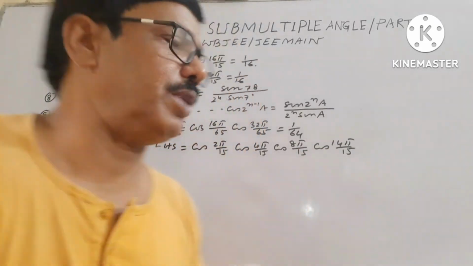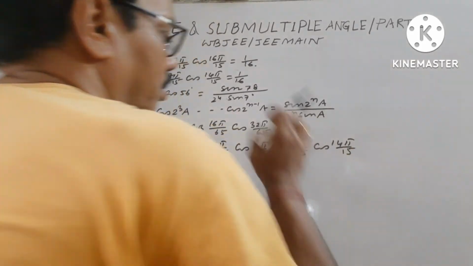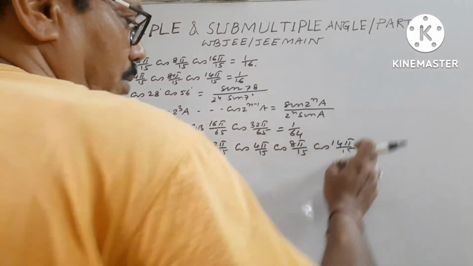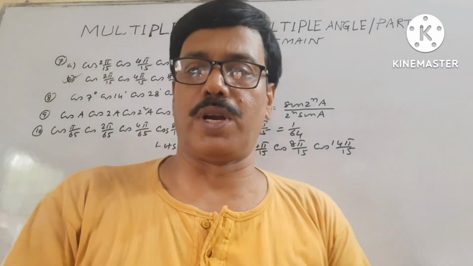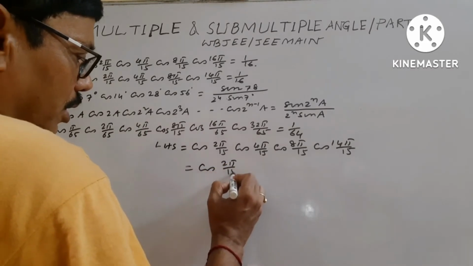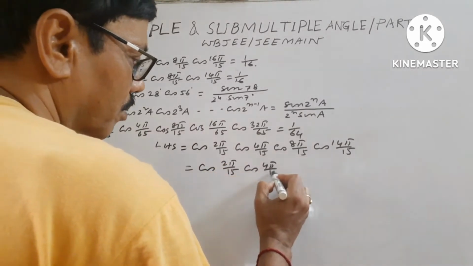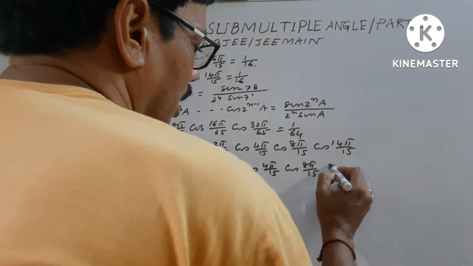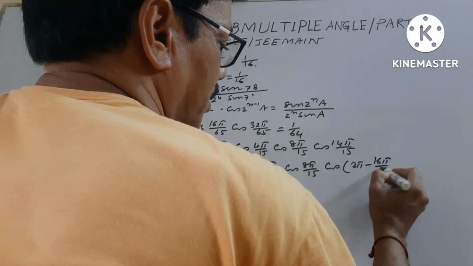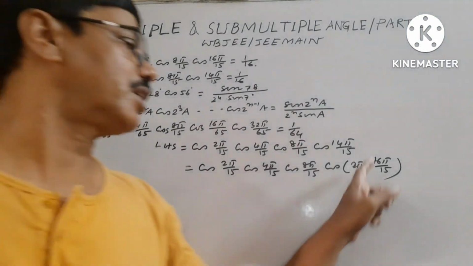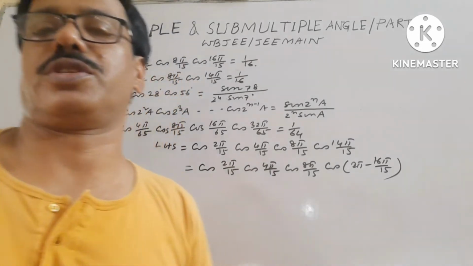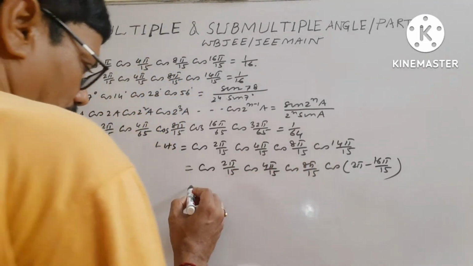So our main aim is to make it double the previous, that is 16 pi by 15, using properties of trigonometry. Cos 14 pi by 15 can be written as cos of 2 pi minus 16 pi by 15. Since 30 minus 16 leaves 14, and cos of 2 pi minus theta is cos theta.